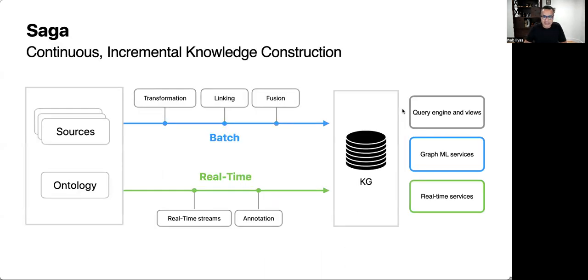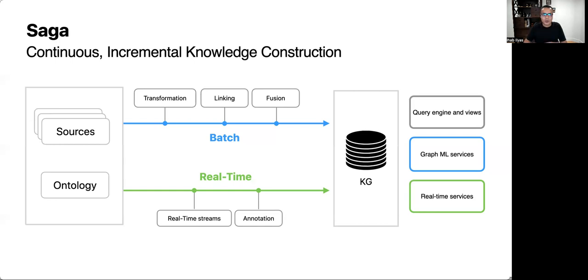Saga builds a large-scale, consistent knowledge graph from a variety of sources that contain possibly contradicting information in different namespaces and different representations, to put it into a target controlled vocabulary or an ontology that allows us to serve this graph to our customers via either views and slices of this knowledge for people to use in their own applications, or to enable services and machine learning based services that expose the knowledge in this graph, for example, semantically annotating unstructured text with entities or query understanding, for example, that are natural language.